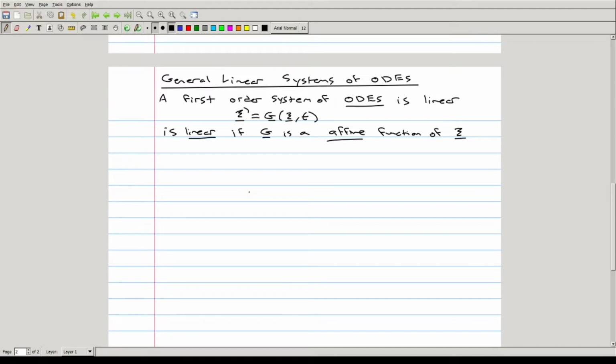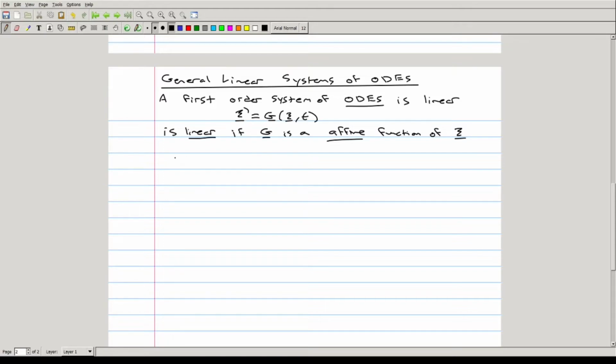The independent variable here is t, the dependent variable here is xi, and we know that for a linear ODE system, xi has to appear in an affine manner. So you can't have any nonlinear functions of any of the values of xi.